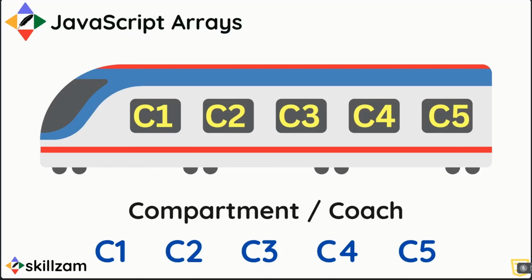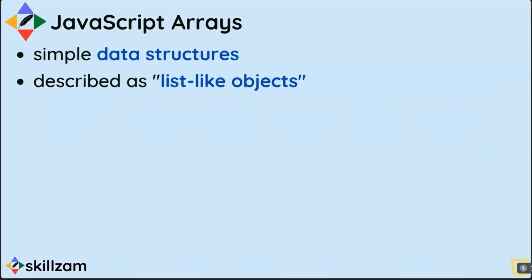When this kind of situation arises, there is a possible solution that we have in the name of arrays. Arrays are simple data structures, which means they are the ones that will store the data.